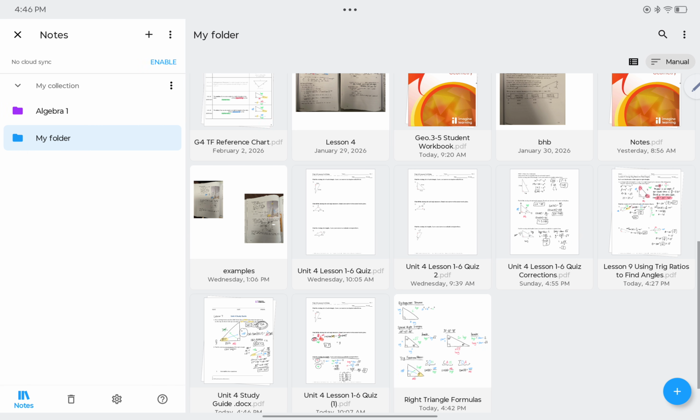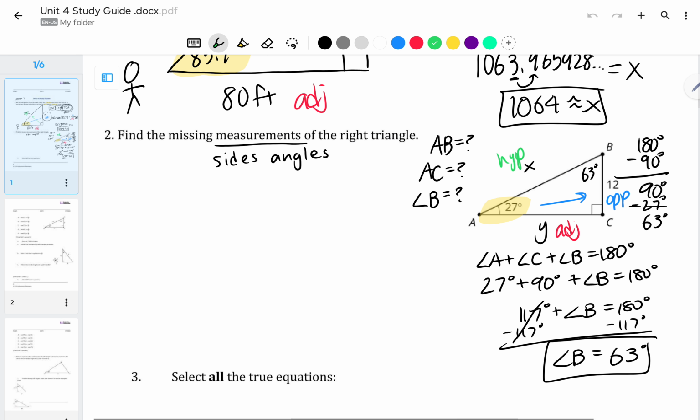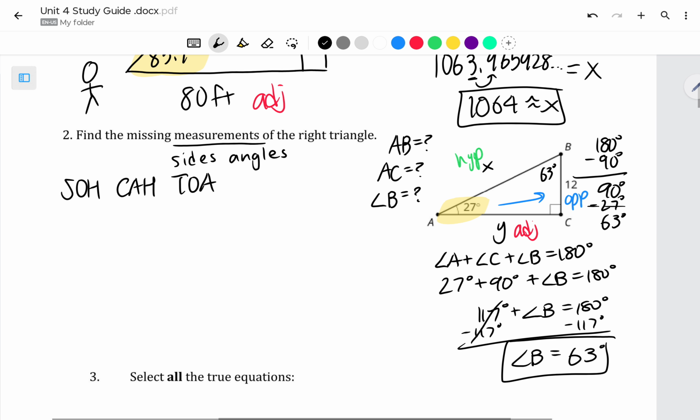So I'm looking at my formulas. I don't even have to go back to the original formula. Again, just spell it out. SOHCAHTOA. Opposite and hypotenuse, O and H, that's sine. So we're going to say sine of 27 degrees equals opposite, which is 12, over hypotenuse, which is x.